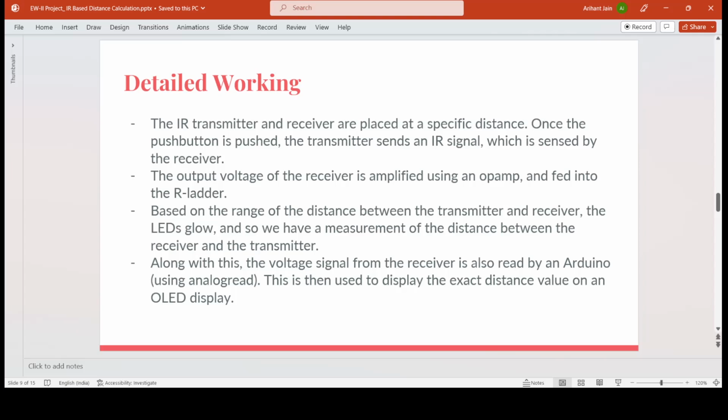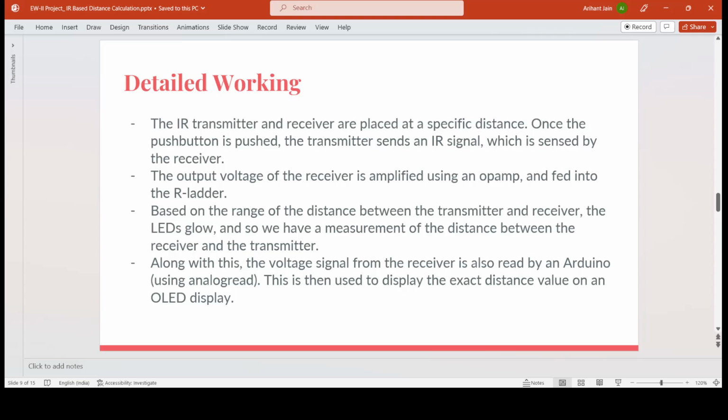So first, the IR transmitter will send an IR signal which is received by the receiver, and this voltage value will vary based on the distance between them. Once the push button is pushed, at that instant the transmitter sends the IR signal.